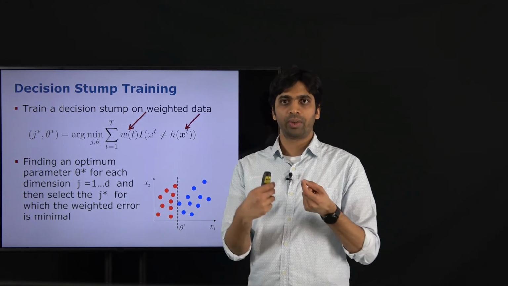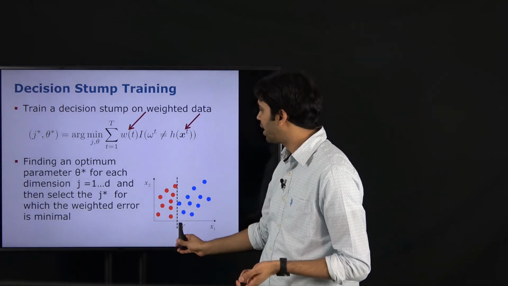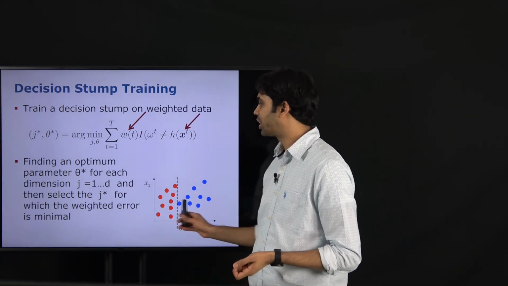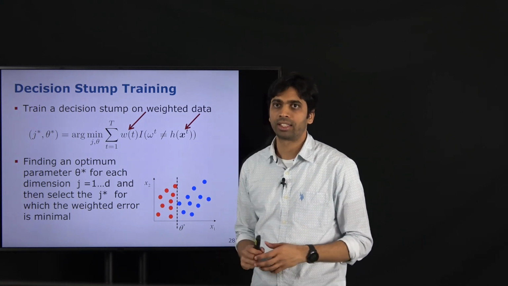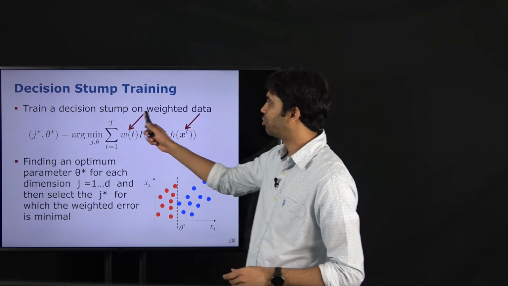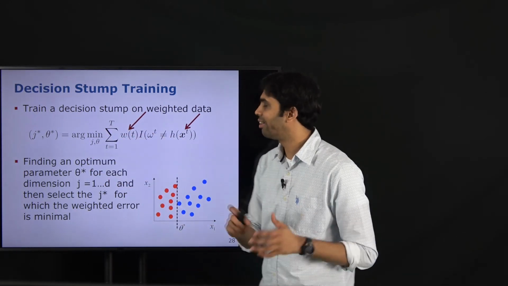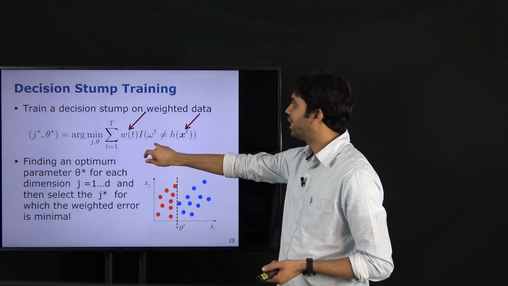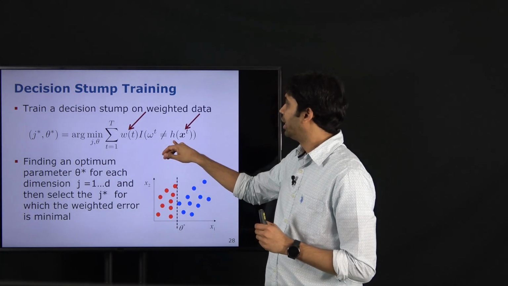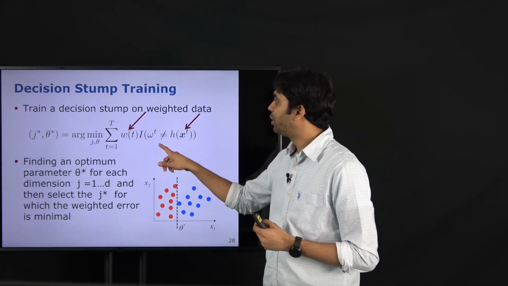Now we need a way to actually train this decision stump itself, which essentially means where does my theta lie such that my decision stump best explains my data points. And the way you do this is through this formula, or this minimization procedure. It might look a bit complicated, but it's really easy. So what this says is that once you have a decision stump h, you take in your data vector and then you have a prediction.